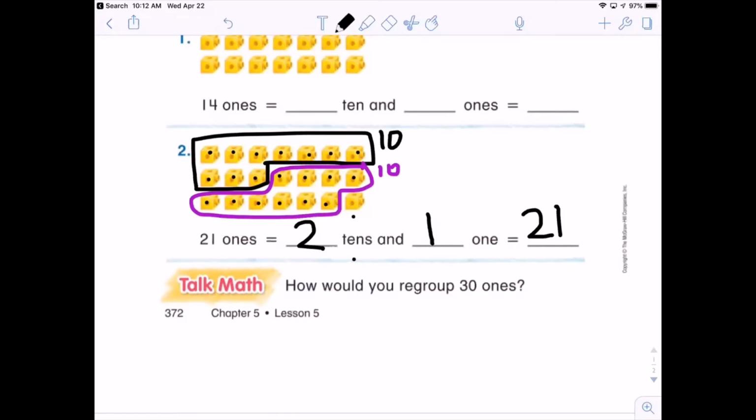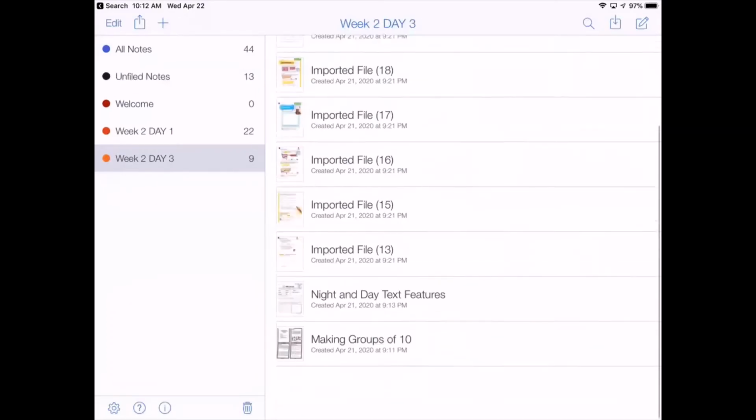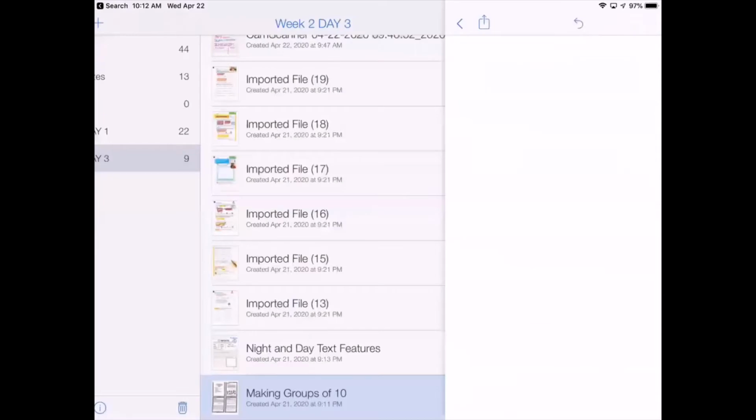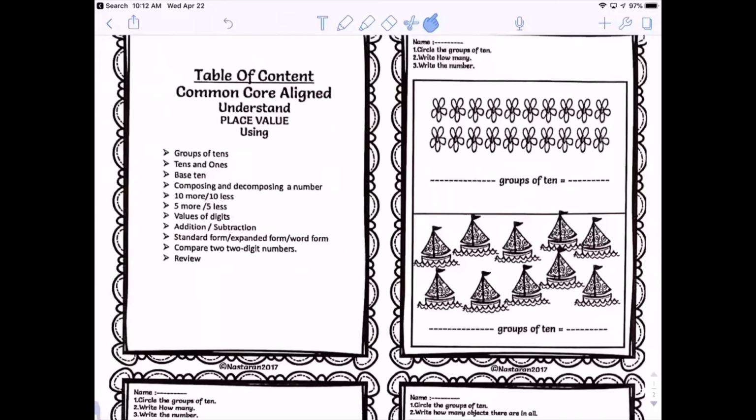Very good. So for your homework, let me wait for it to show up on the computer. Okay, for your homework, on this page, you're going to be counting and circling your groups of 10.